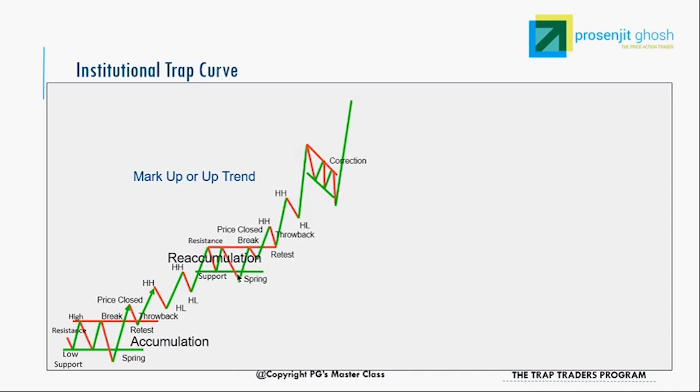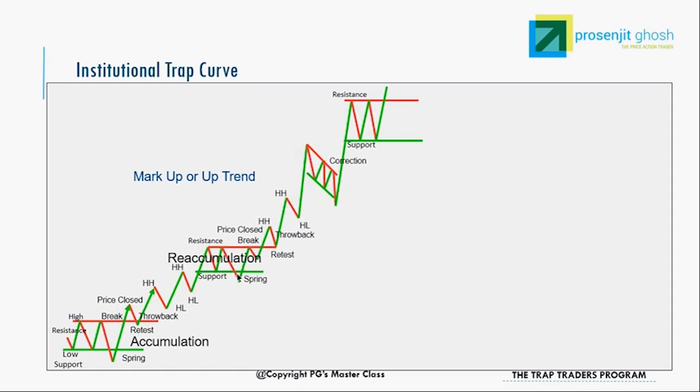Now, at the top, what happens after the correction? Price shoots up and price comes down, and price again creates a resistance and starts moving between a resistance and a support. So this is a sideways move that price does.